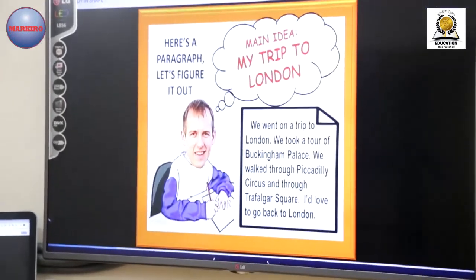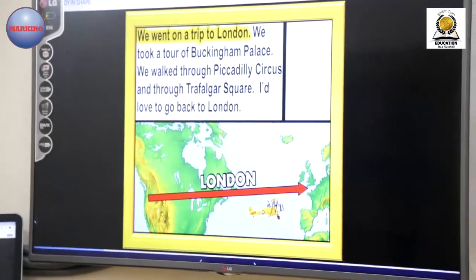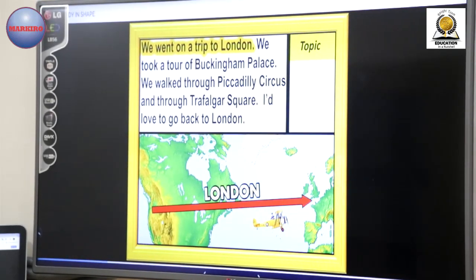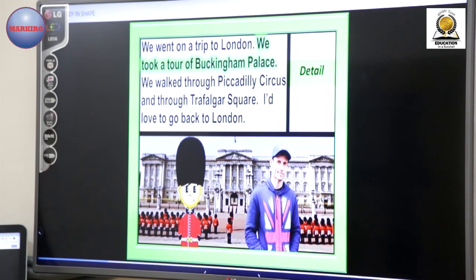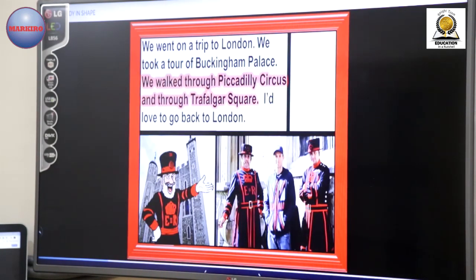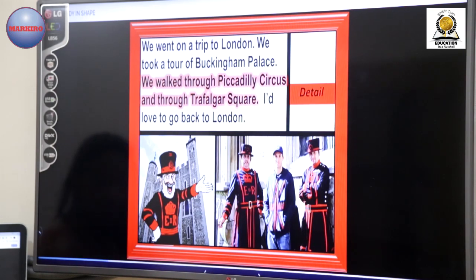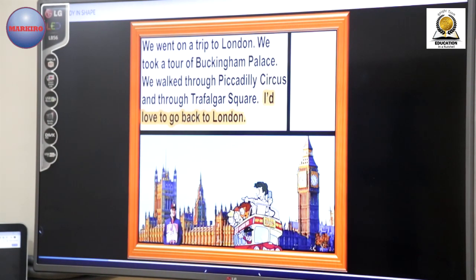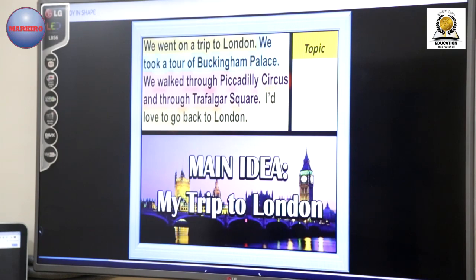Let's figure it out. We went on a trip to London. Topic sentence, that's the main idea. Took a tour of Buckingham Palace. Tells you about the main idea. We walked through Piccadilly Circus and through Trafalgar Square. I'd love to go back to London. The end with the main idea.